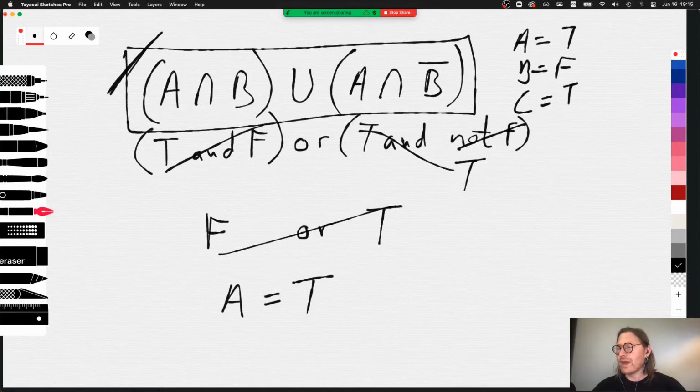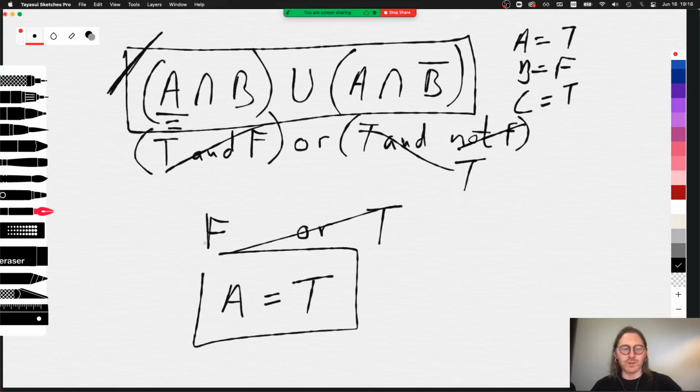Well, at the end of the day, whatever that value of A is that you pass in, that's all you need to perform that logical operation within the function. And you can reduce out the need of having B in here at all. That may not be entirely necessary for most functions you write, but there are going to be times where there is a better function with a simpler logical structure.